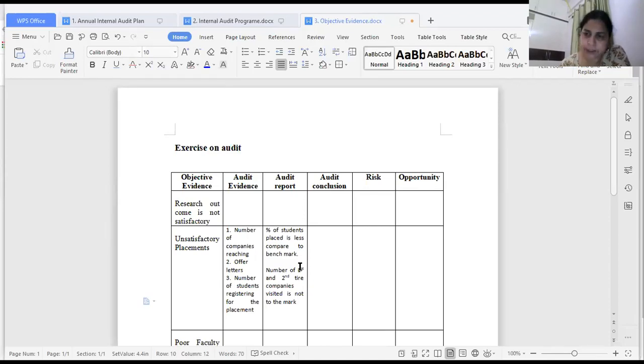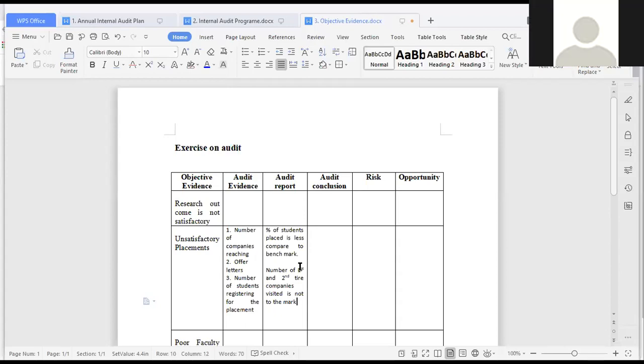Now, in spite of your policy being there and your key indicator being there, your placement is still not satisfactory. Then you are checking. So these are the possible points which we are thinking: maybe the number of companies reaching out to the college is less compared to the benchmark set in the policy.